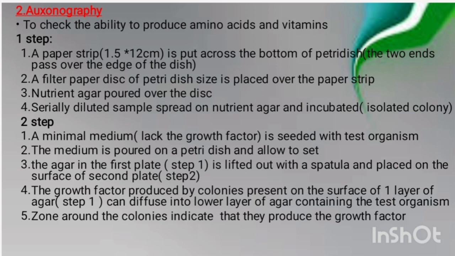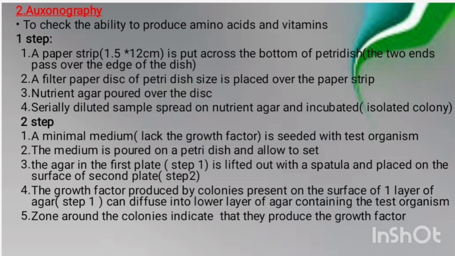First, preparation of the first plate. A filter paper strip of 1.5 by 12 centimeters is put across the bottom of the petri dish in such a way that the two ends pass over the edge of the dish.